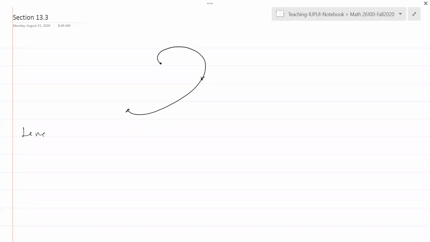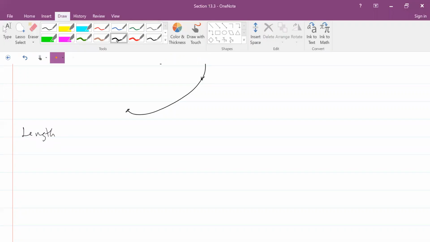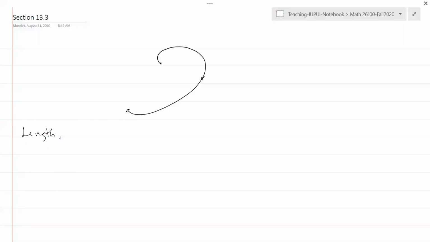The length. First of all, we find what we call a parametrization.